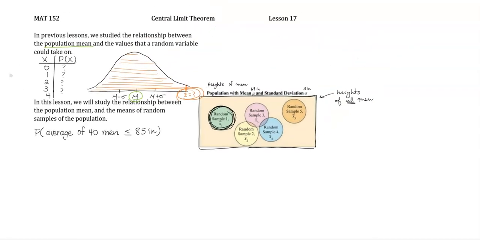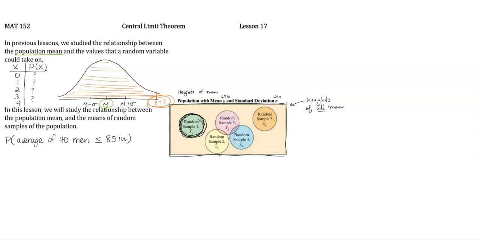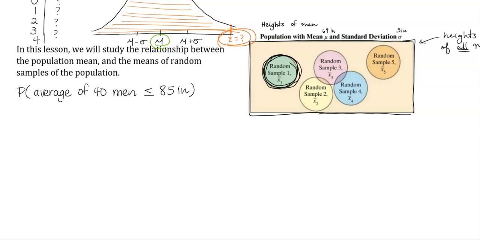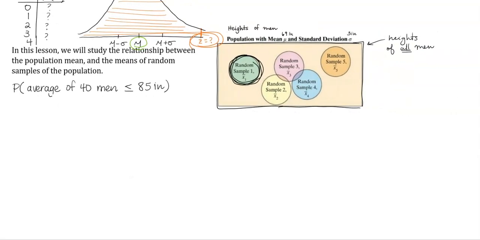So again, to put things in perspective, what we already know how to do from previous lessons is to find the probability that one man would be shorter than Shaquille O'Neal, whose height was about 85 inches. The inches isn't really necessary, but that's the probability that one man would be shorter than Shaquille O'Neal. What we're going to talk about in this lesson is if we take a sample of, say, 40 men. It doesn't have to be 40, it can be 30, 32, any number. Well, it does matter, but we'll get into that later.